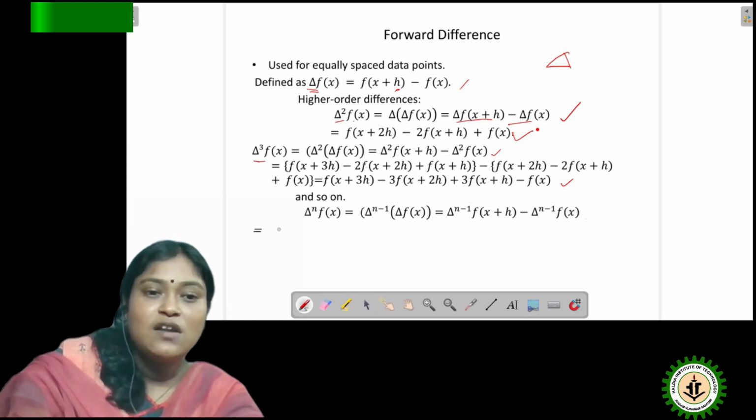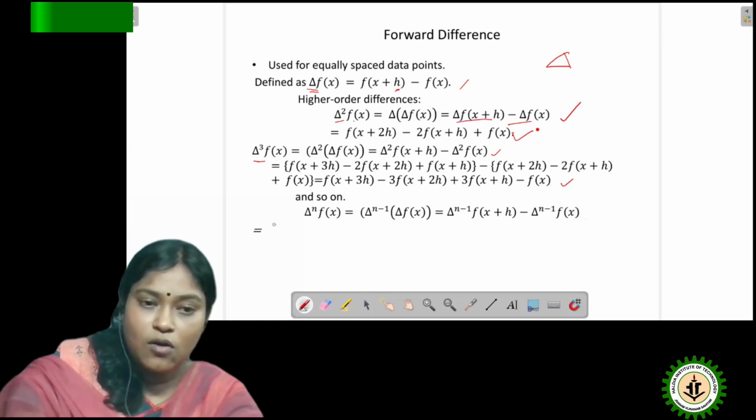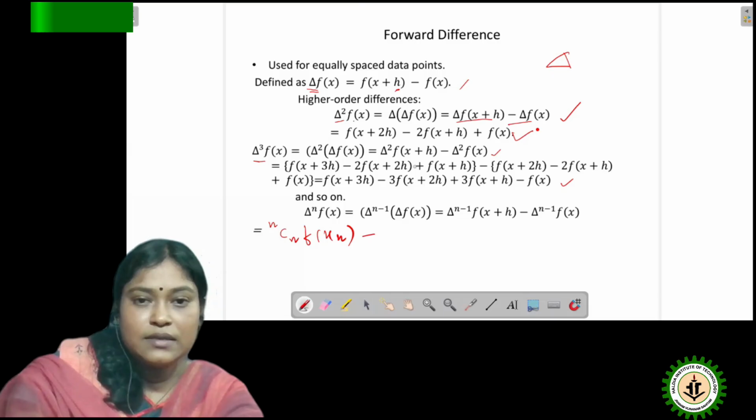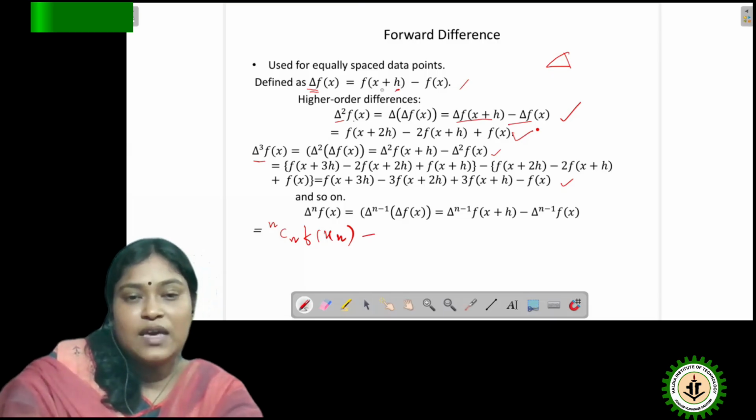Now, using the functional values, we can also write this as nCn f(x plus nh) minus nC1 f(x plus (n minus 1)h). Here we have plus, minus for delta squared, then plus, minus, plus.